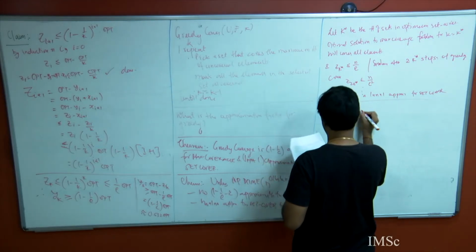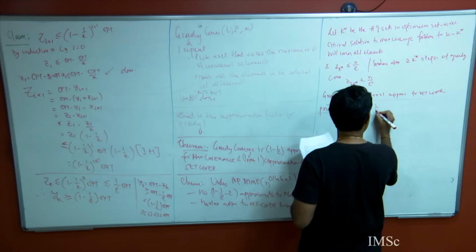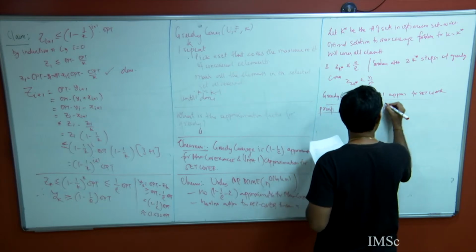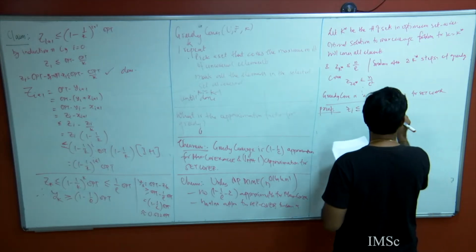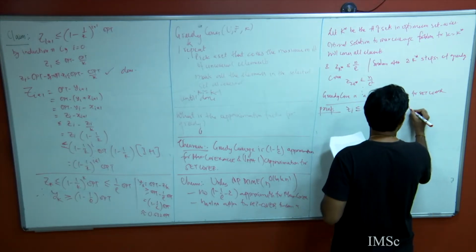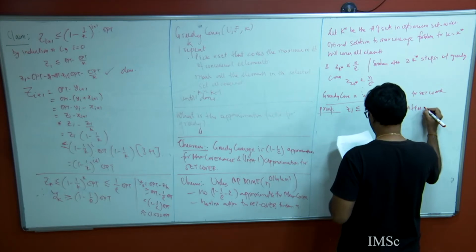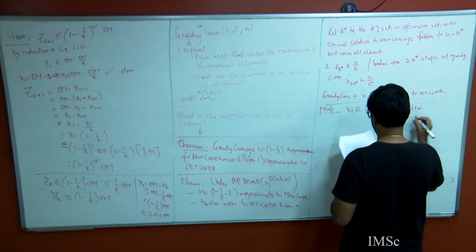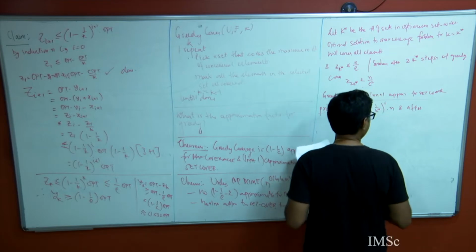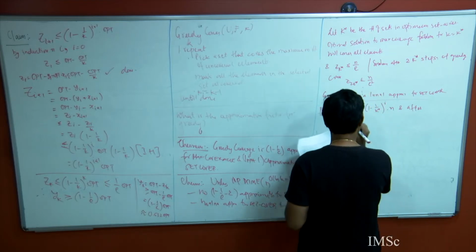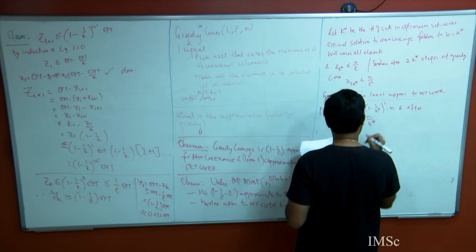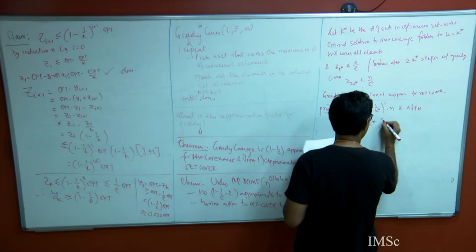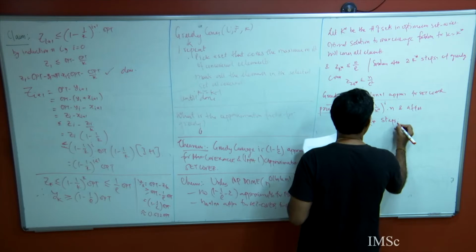So we know that z i is like 1 minus 1 by K star to the power i, times n, and after t equal to say K star ln n over K star steps, right?